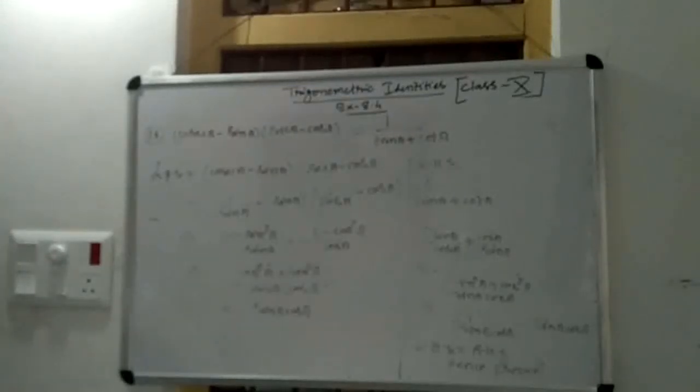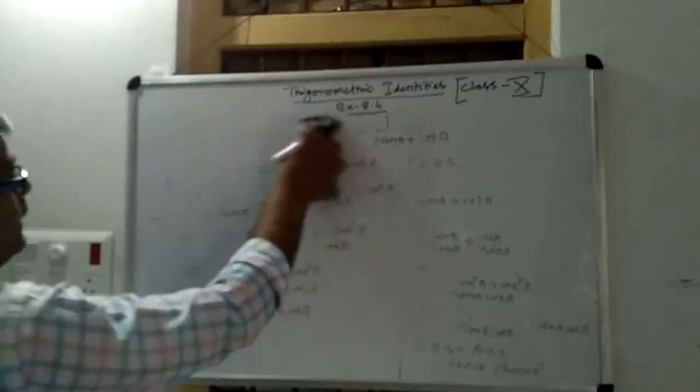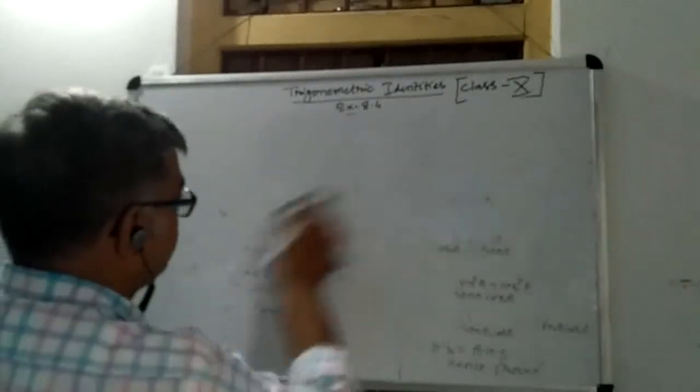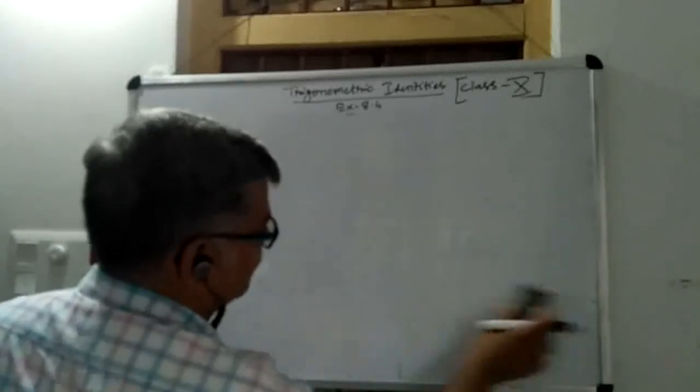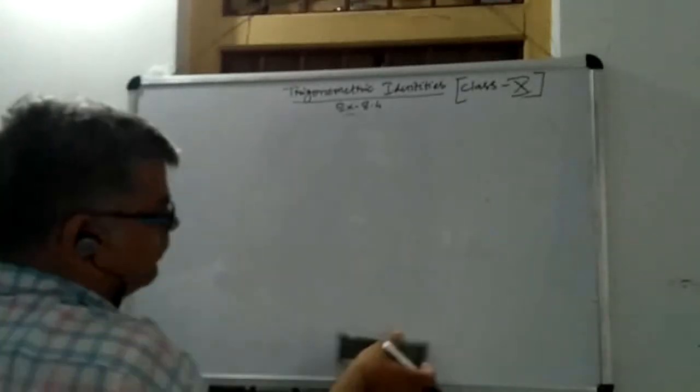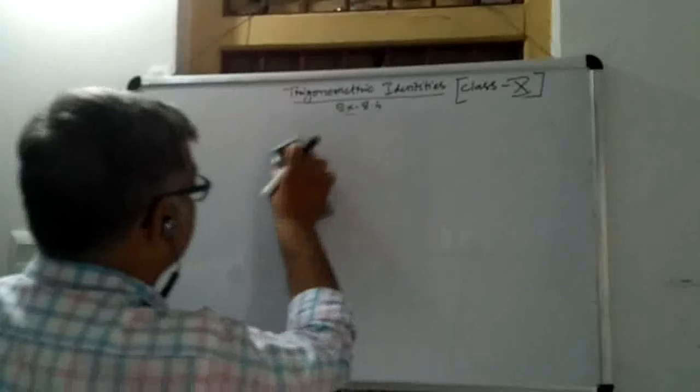Now, your last identity of your exercise, that is identity number 10. Let's see. See the identity number 10.